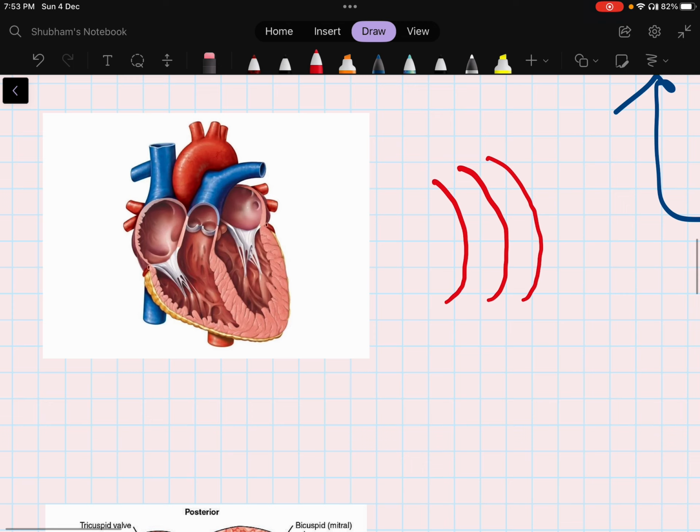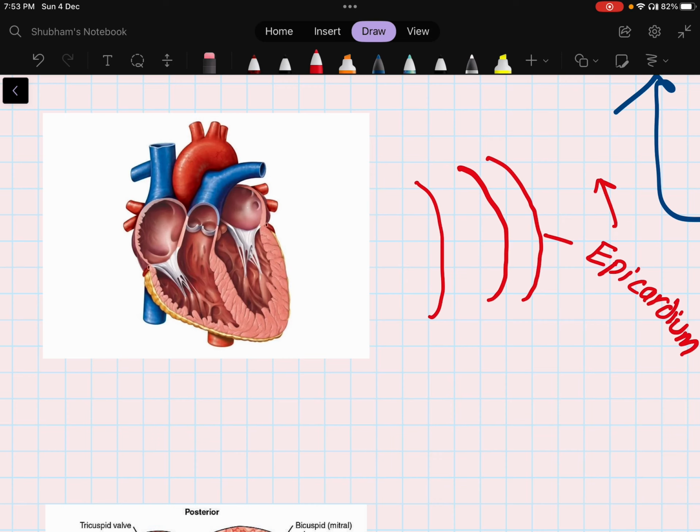The outer surface of the heart is the epicardium, like how we say epidermis. What does epi mean?